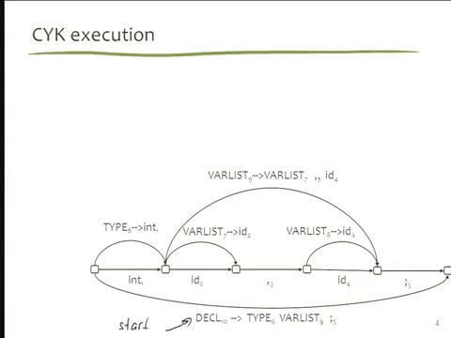At some point, you will have placed all possible edges. One reason to see why this process will terminate is that you have a finite number of inputs and a finite number of non-terminals, so there are only so many edges you can place. So it will stop at some point. You essentially reach a closure.